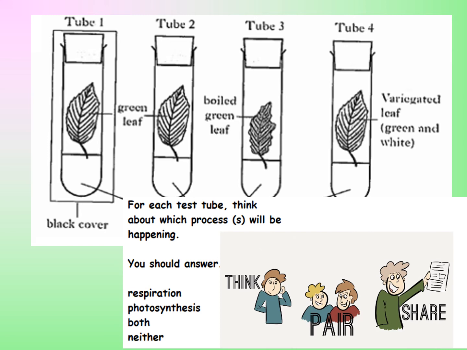Okay, so remember that green plants carry out photosynthesis and they carry out respiration as well. And remember that both processes are enzyme controlled. All of respiration is enzyme controlled and carbon fixation is enzyme controlled. So temperature is important. I'm going to give you a couple of minutes to think about it. We'll regroup and we'll go through each one.